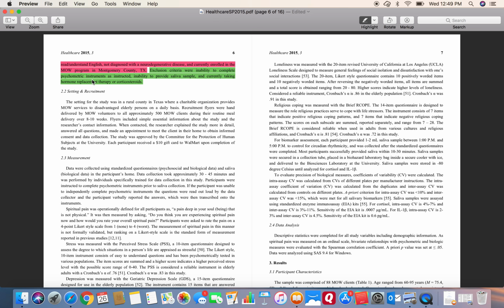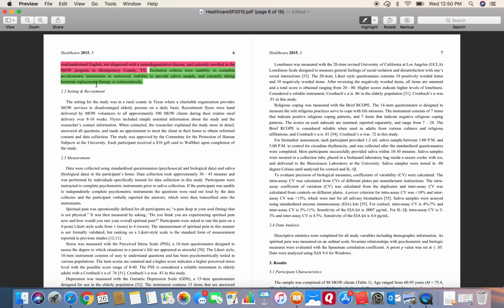So the participants had to be able to read my surveys and understand and complete them. Not diagnosed with a neurodegenerative disease and currently enrolled in the Meals on Wheels program in Montgomery County, Texas. So it's very specific. So then the exclusion criteria are here in green, and the exclusion criteria were inability to complete psychometric instruments as instructed, inability to provide the saliva sample, and currently taking hormone replacement therapy or corticosteroids.